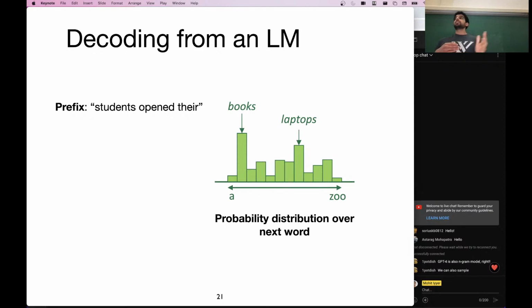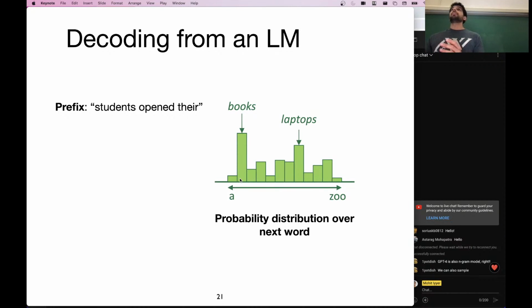Yeah, so here's just a more visual explanation of what we were talking about when we mean we sample from the distribution, right? So given this prefix, "students opened their", I could have a distribution over the entire vocabulary, all the unique words that I see in the vocabulary, and they all have some probability.